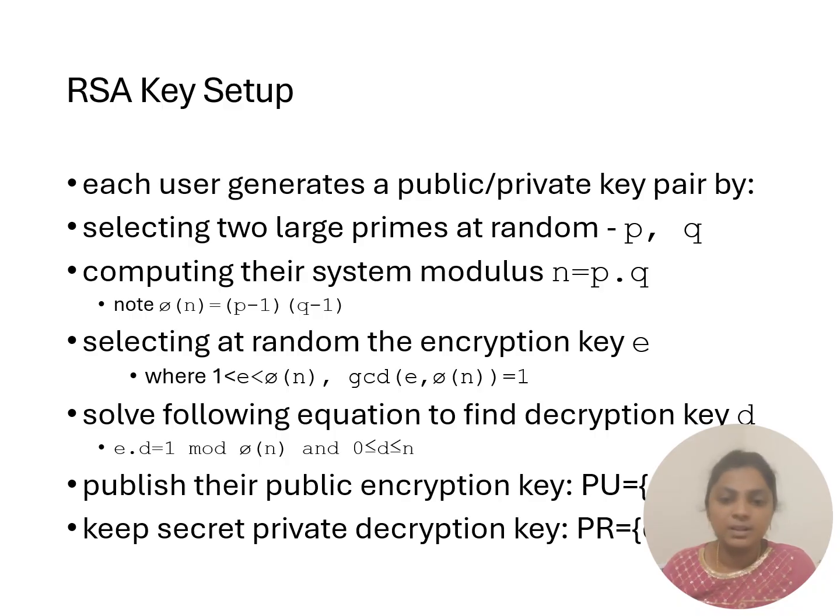So now our task is to find the e inverse so that we'll get the equivalent d value. Now the public encryption key pair is denoted by PU, which includes the e and n values, and the private decryption key pair is denoted by PR, and it includes the d and n values.